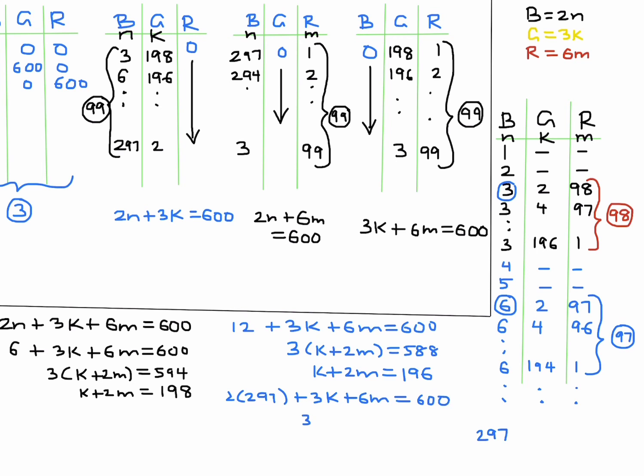So this is, factor out the 3, k plus 2m, and then 2 times 297 is 594. 600 minus 594 is equal to 6. k plus 2m is therefore going to be 2. So the only solution for here is going to be 1 and 1. All right, so that gives me only one solution.